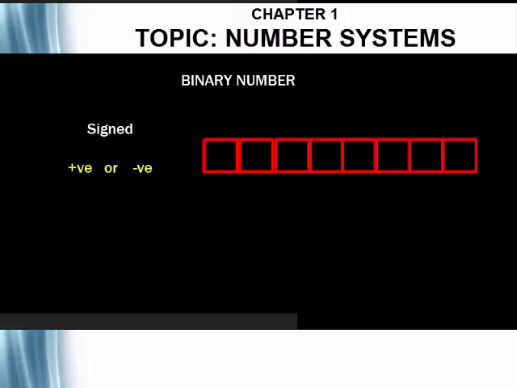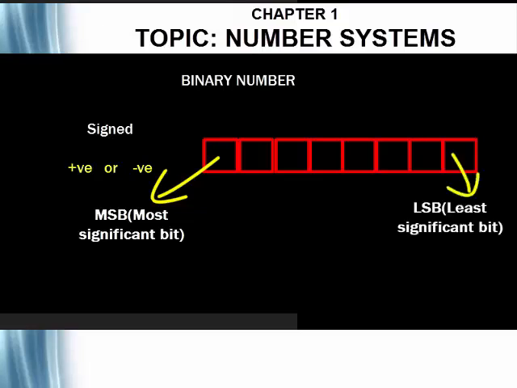In an 8-bit binary register, the leftmost bit is called the MSB, which stands for most significant bit, while the rightmost bit is called the LSB, which stands for least significant bit. The leftmost bit represents the sign of a binary number.